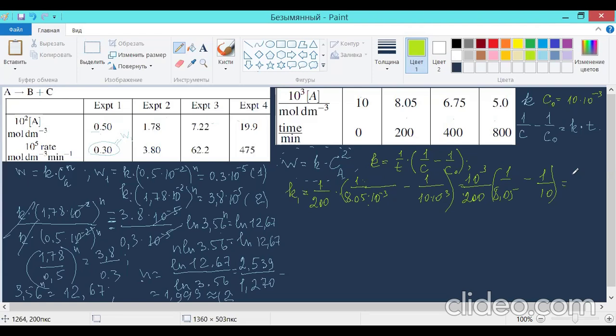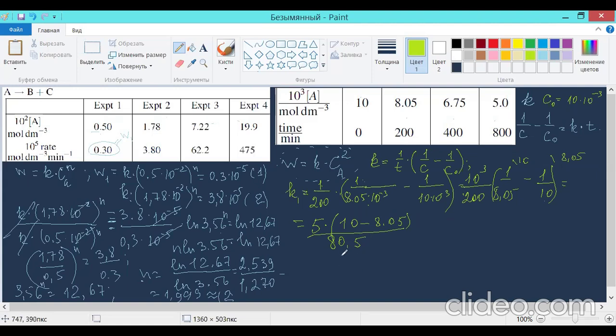Okay, so let's calculate it. 10 raised to 3 is equal to 1,000. 1,000 divided by 200 is equal to 5. So 5 times, in the brackets, 10 minus 8.05 divided by 10 times 8.05, which gives us 80.5.